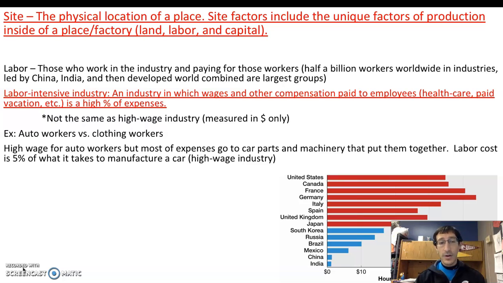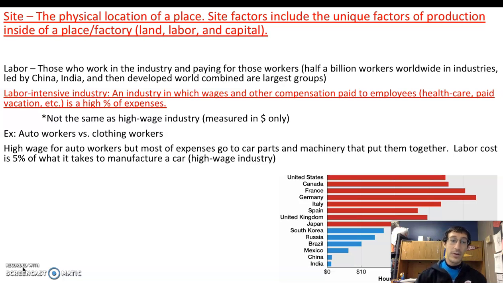So high wage for auto workers, but most of the expenses actually go towards the vehicle parts, the stuff used for making the vehicle, all the various parts that go into making a car. The technology used to actually assemble it is also a lot more expensive than the actual workers.